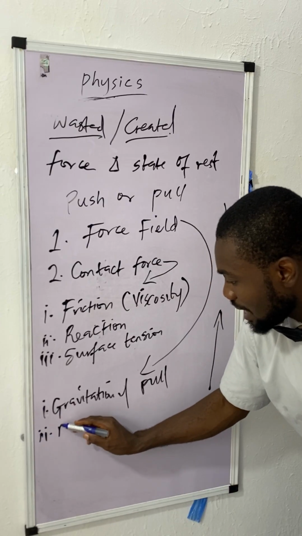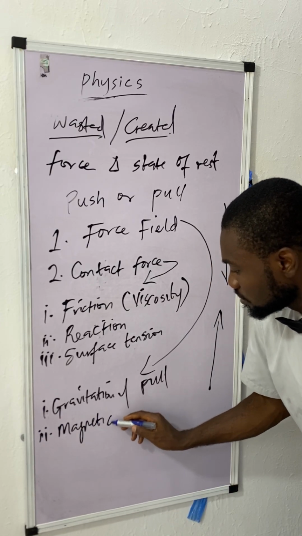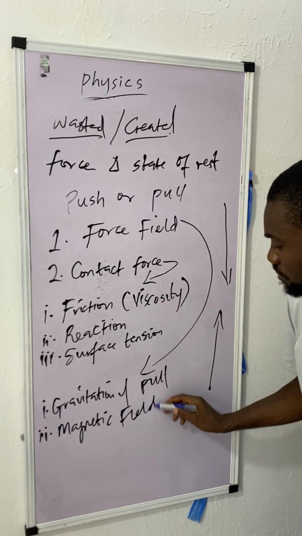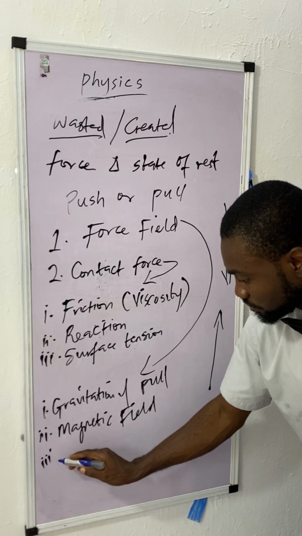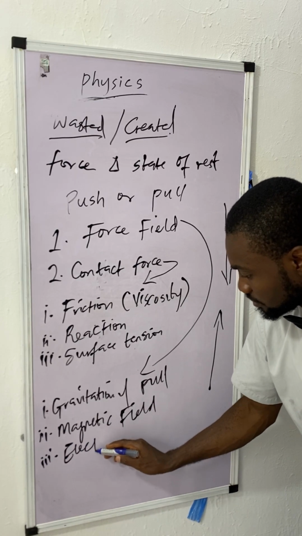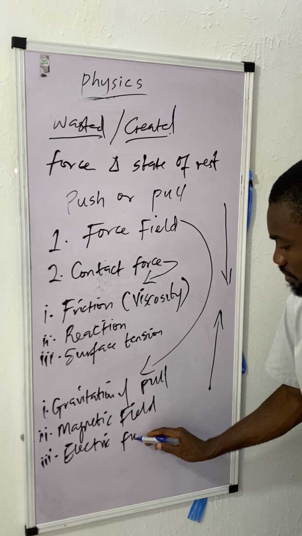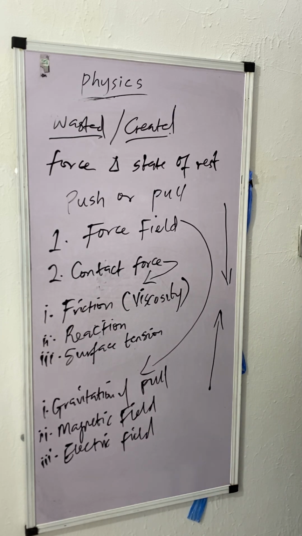All right, so we have 2 more force fields. We have magnetic field and electric field. So these are force fields. What is a magnetic field? An area where the attraction and repulsion of a magnet is felt.